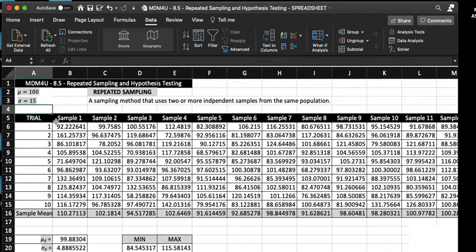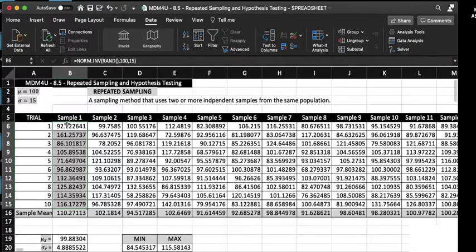So remember, repeated sampling means that if we're taking a sample, and let's just say we're taking 10 people at a time, that's why there's 10 trials. The sample mean is adding these numbers and dividing by the total to get the sample mean for sample 1.